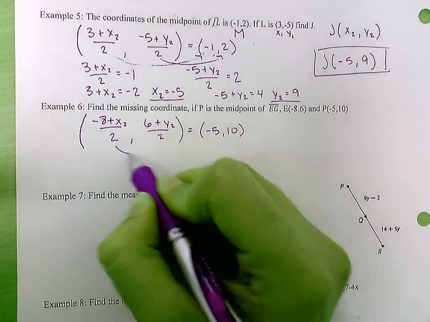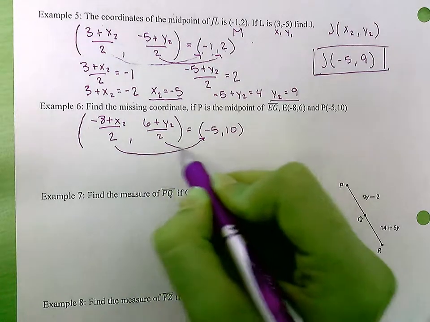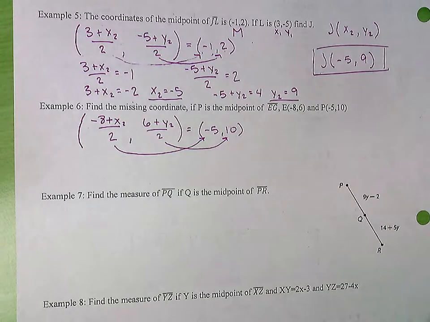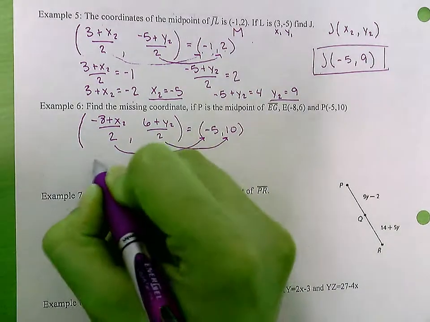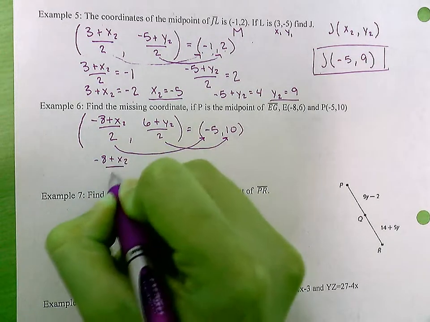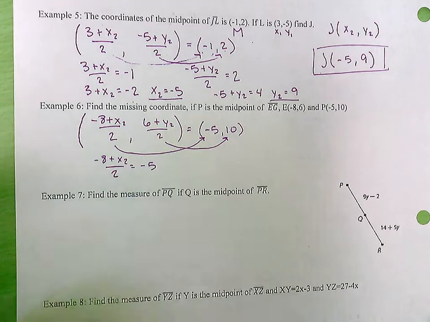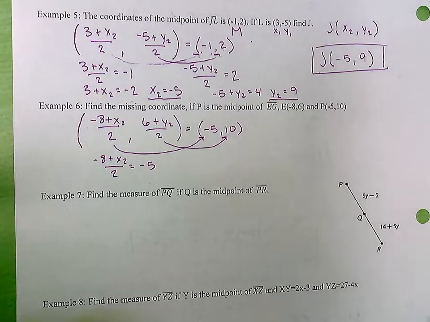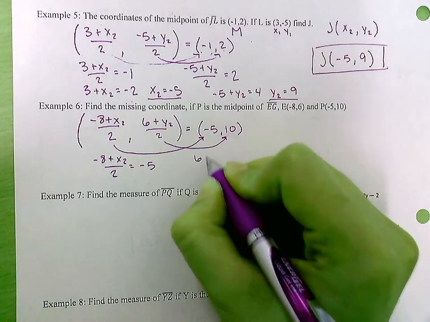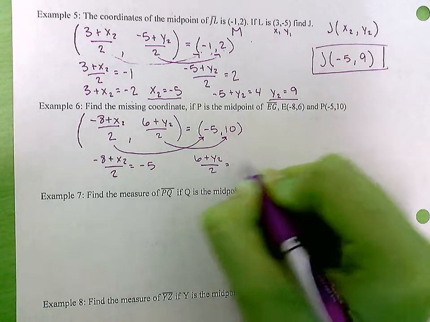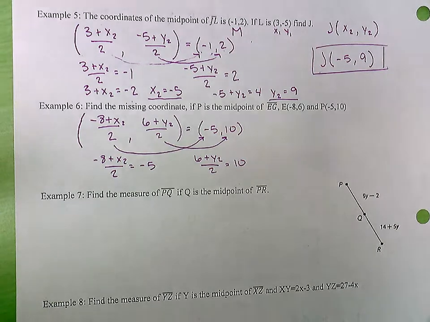Okay, again, your x values are equal to each other and your y values are equal to each other. Okay, so I have negative 8 plus x sub 2 over 2 is equal to negative 5. And I have 6 plus y sub 2 over 2 is equal to 10.